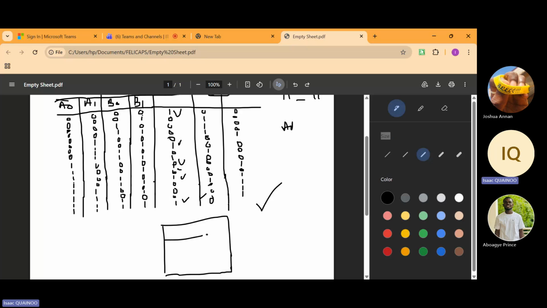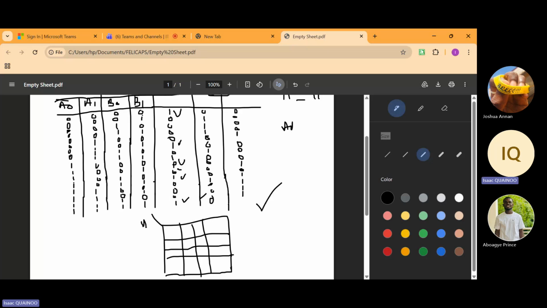So if you intend to use your K-map, you would have something like this. Let me add one more division. So we have 1, 2, 3, 4, 1, 2, 3, 4. Yeah, so this is a 4x4 K-map.